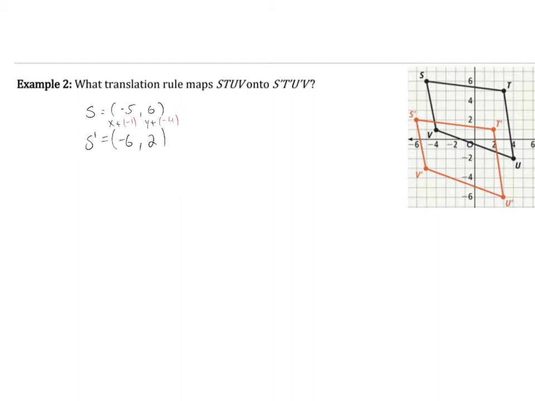So our rule or our translation would be x minus 1 and y minus 4, which we know to fully write out, it's translation of -1, comma, -4.